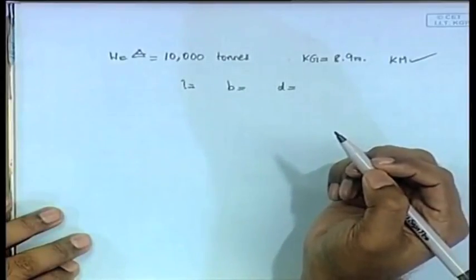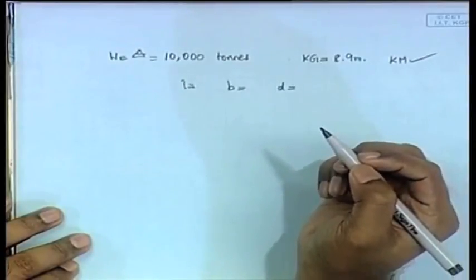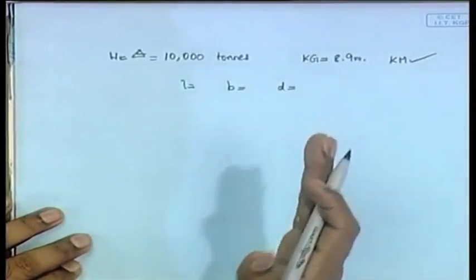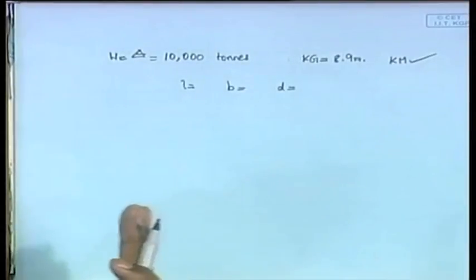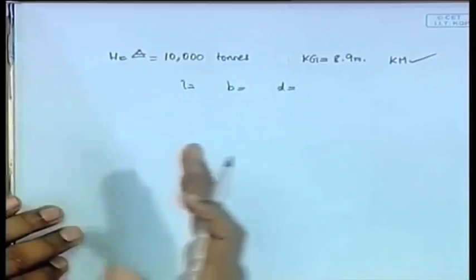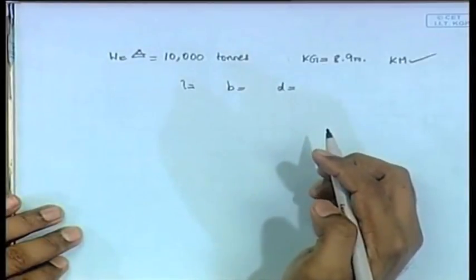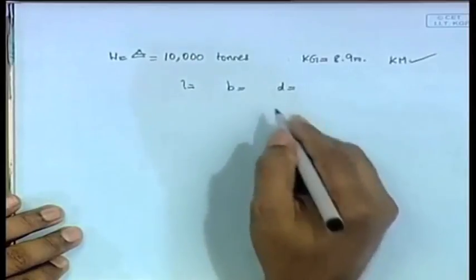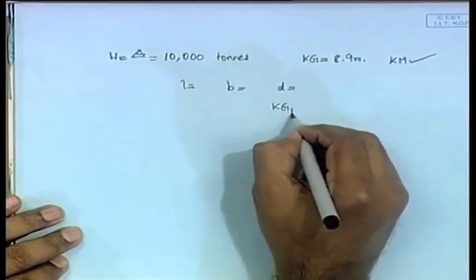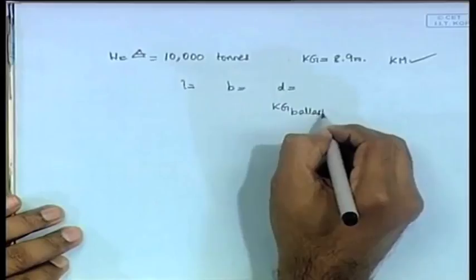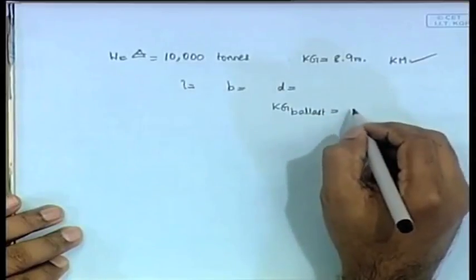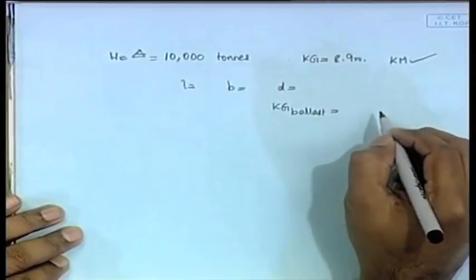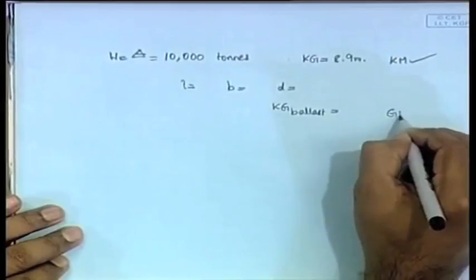Now this tank is divided into 2, or rather it is a double tank. So it has a center line division, divided into 2 tanks in the middle, and you are told that the KG of ballast is equal to something, and you are asked to find the GM.